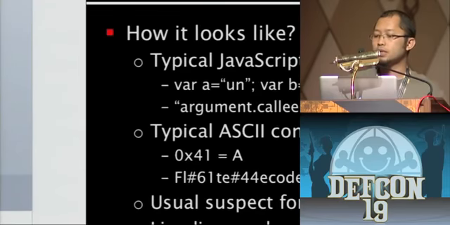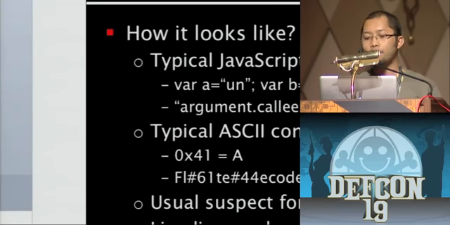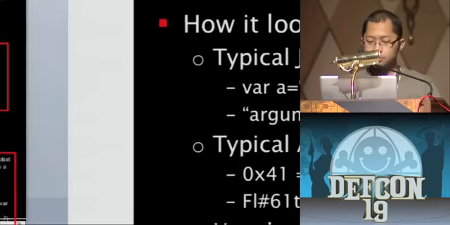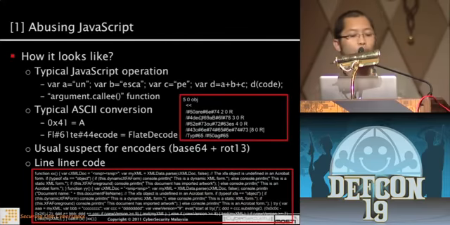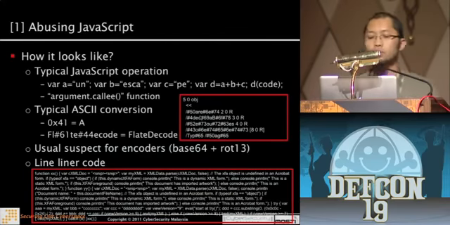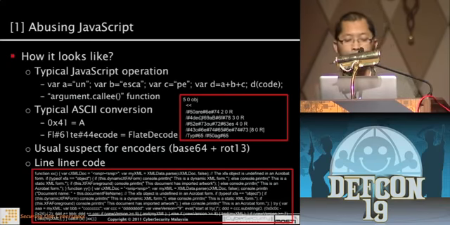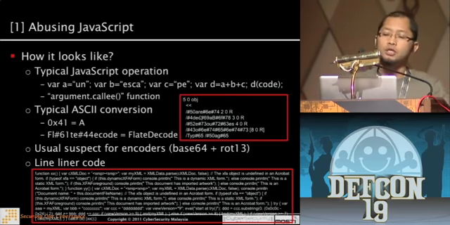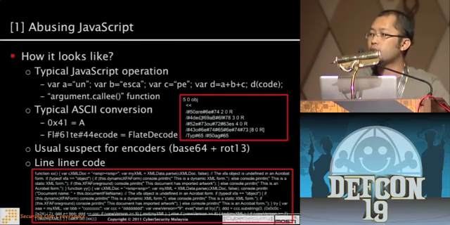It pretty much starts with 50, A, RE, and so on and so forth. And of course, we see the usual suspects for encoders like base64, ROT13, and so on.